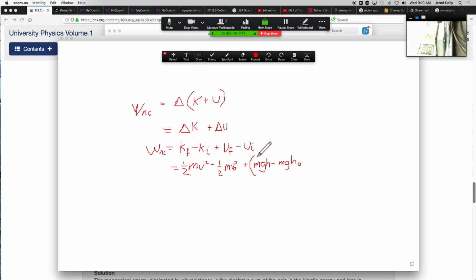It could be a change in gravitational potential energy, but we might also have to add into that a change in spring potential energy. We've learned about spring potential energy. Spring potential energy is 1/2 times the spring constant K, little k. This is big K. Big K, little k, what begins with K? Okay. Times how much you stretch or compress the spring, which we usually call X, squared.